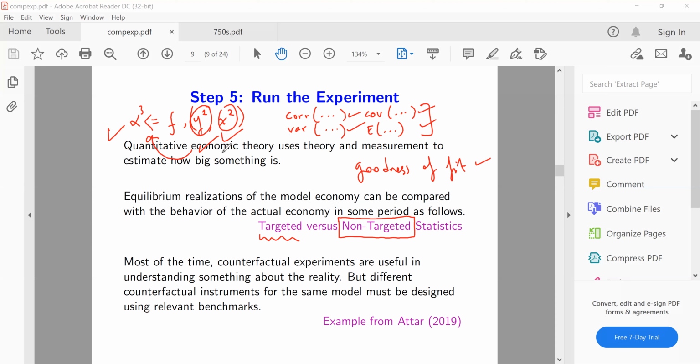So there's also one other thing you should be careful about in designing your counterfactual experiments. Sometimes, how do you benchmark different experiments, right?